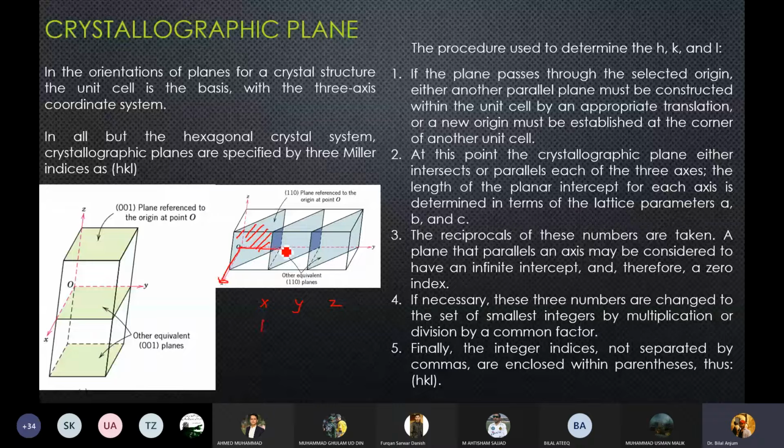And the intercept of the plane with the z-axis is infinity, since it is parallel to the z-axis.